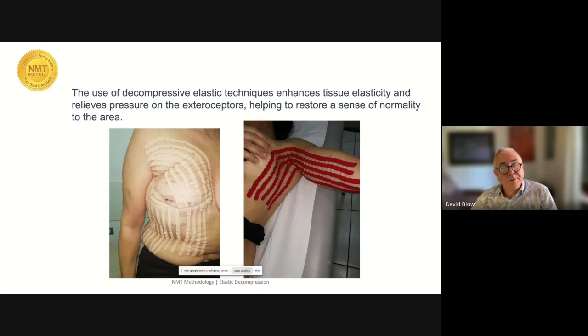So, for example, in this case, one is for a webbing syndrome, the other is due to invasive mastectomy with lots of very adhesive scarring. Sometimes it's difficult to see where the breast was. So we have to understand the lines of maximum skin elasticity, and that is a correct application, as we see there.